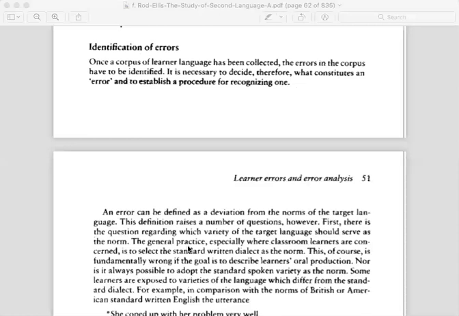If you have done those subjects, it would be easier for you to understand the difference between error and mistake. But for now, if I quickly define and differentiate competence and performance for you, language competence, sorry.